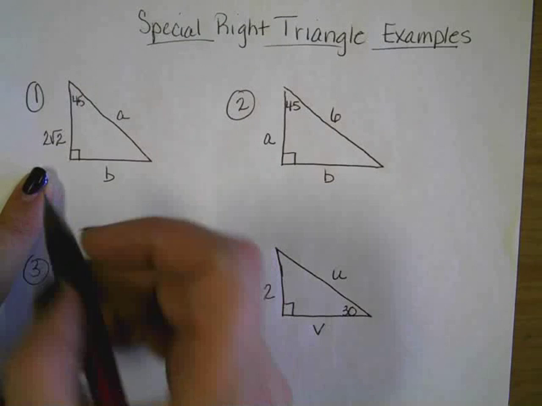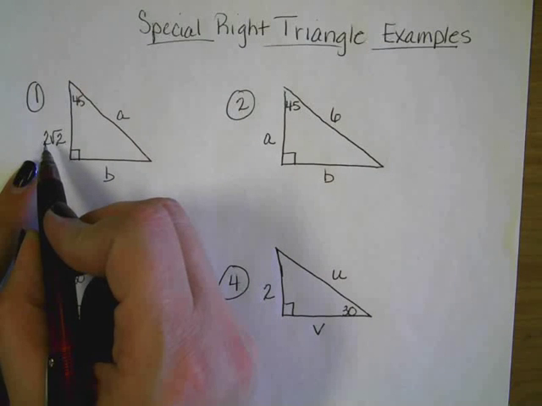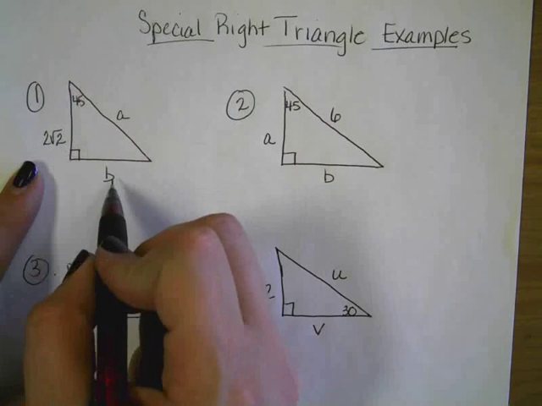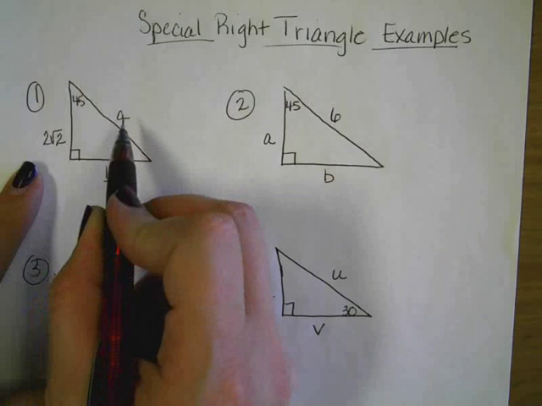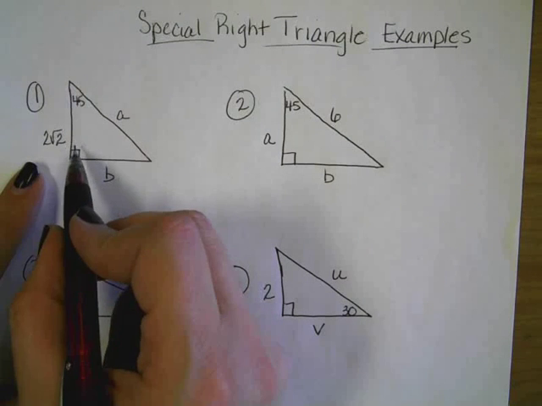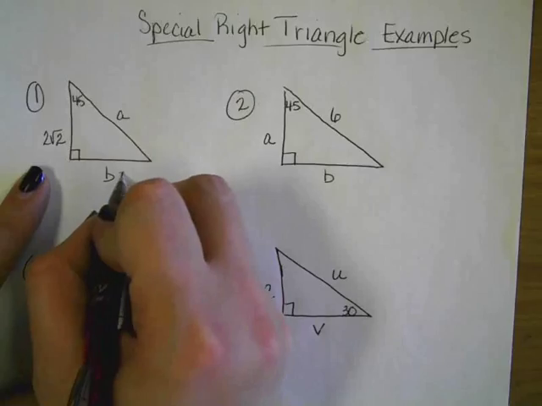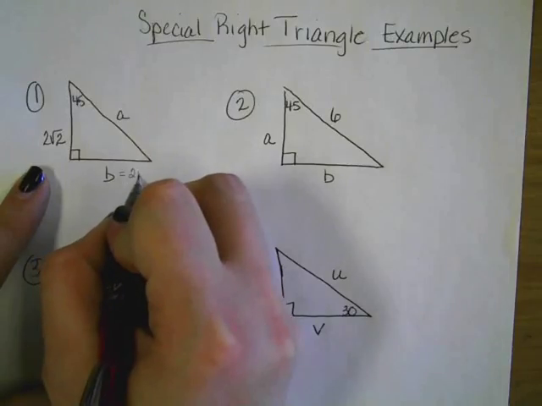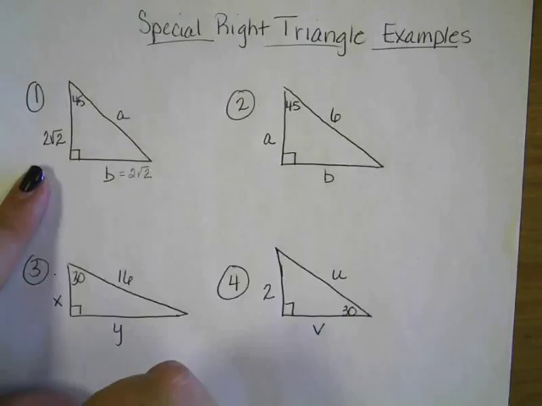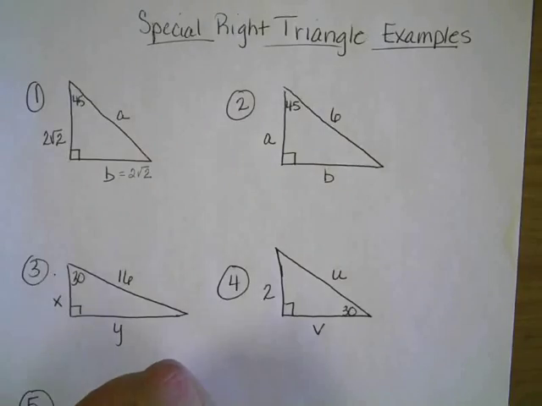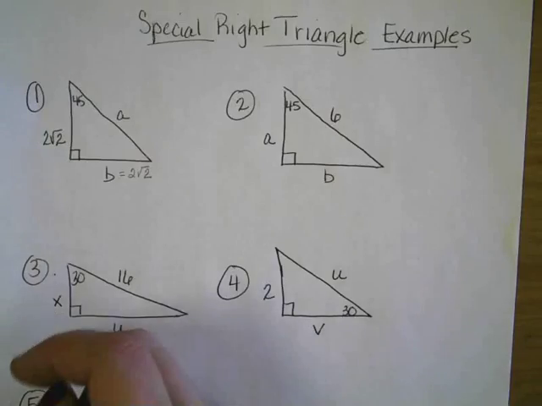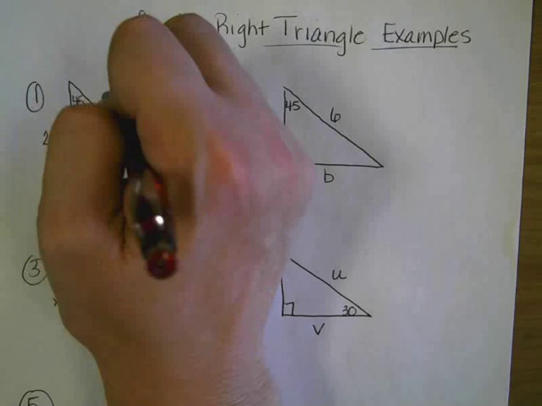So this first one over here, we've been given a leg of 2 root 2, and we want to find the other leg and the hypotenuse. We know if it's 45, 45, 90, this leg has to be equal. So that's also got to be 2 root 2. And according to our chart, if you have the leg and you want to find the hypotenuse, you take the leg times the square root of 2.